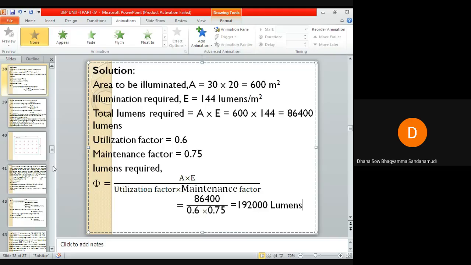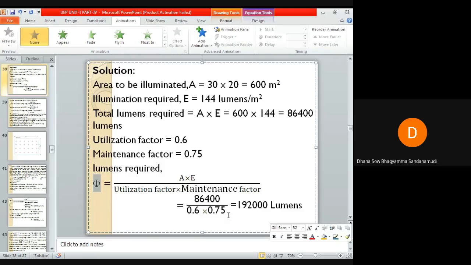So initially you have to determine the area to be illuminated, and you have to multiply the area to be illuminated with the illumination to get the total lumens required. Then, depending on the utilization factor and maintenance factor, you have to determine the lumens required. This is the lumens required without considering utilization factor and maintenance factor.